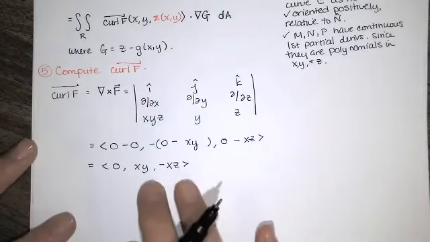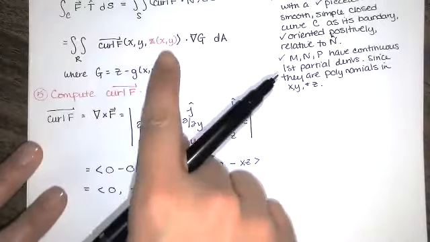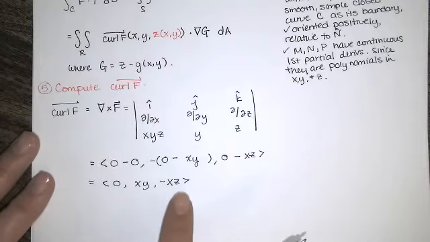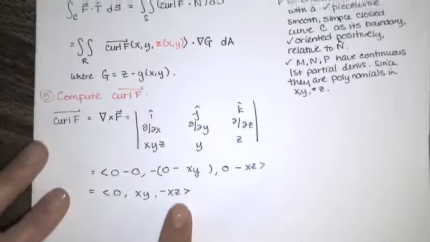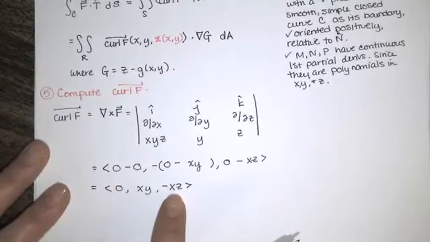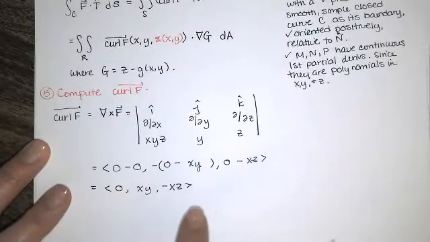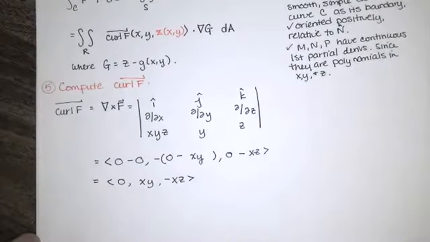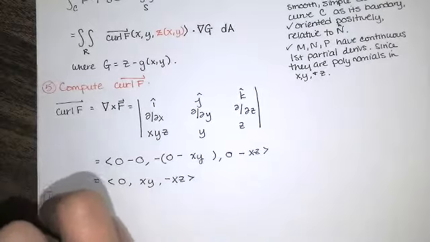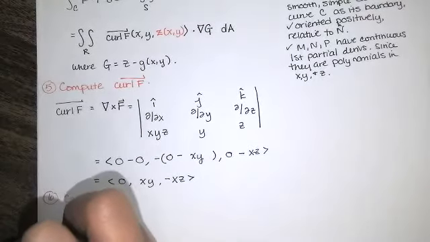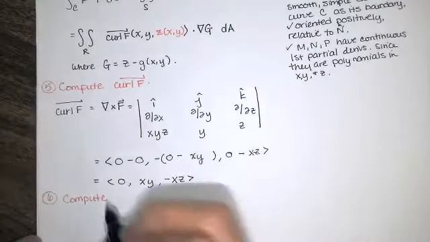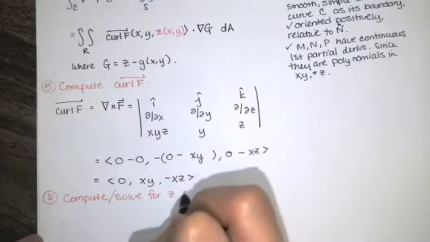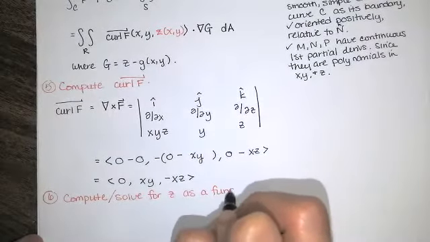And we're going to write this in terms of x and y only. So this is the curl in terms of x, y, and z, but I need the curl in terms of x and y only. In order to find the curl in terms of x and y only, I have to compute or solve for z as a function of x and y on your surface.